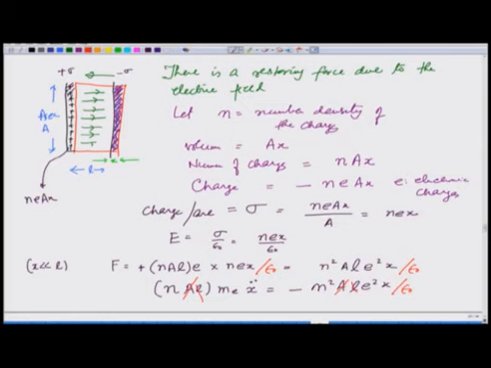Now, I can cancel A from both sides, I can cancel l from both sides, I can cancel one of the n's from both sides, and I am left with m e x double dot equals minus n e square x divided by epsilon 0.